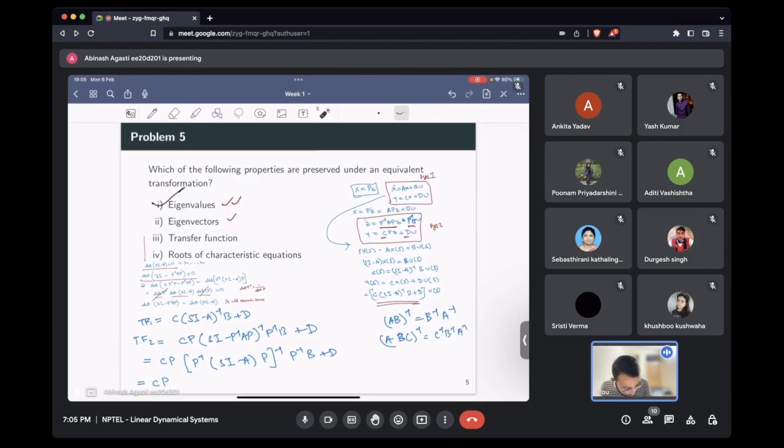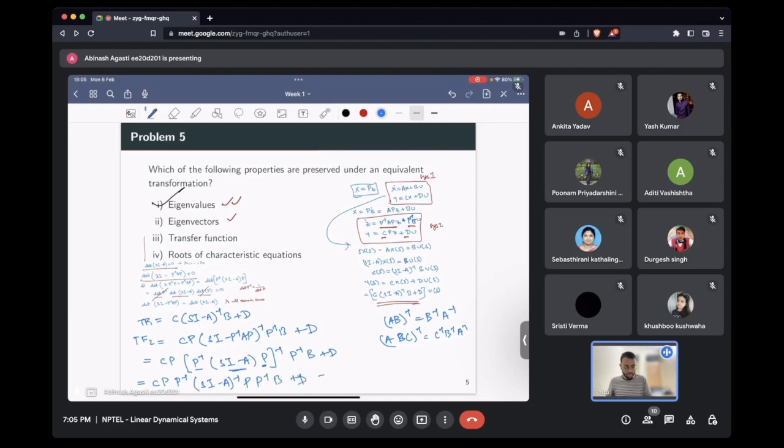So first inverse will be of this, then of this, then of this. That will be the order. So CP, then the inverse of this, that is P inverse, then the inverse of this, that is (sI minus A) inverse, then the inverse of this, that is P into P inverse B plus D.